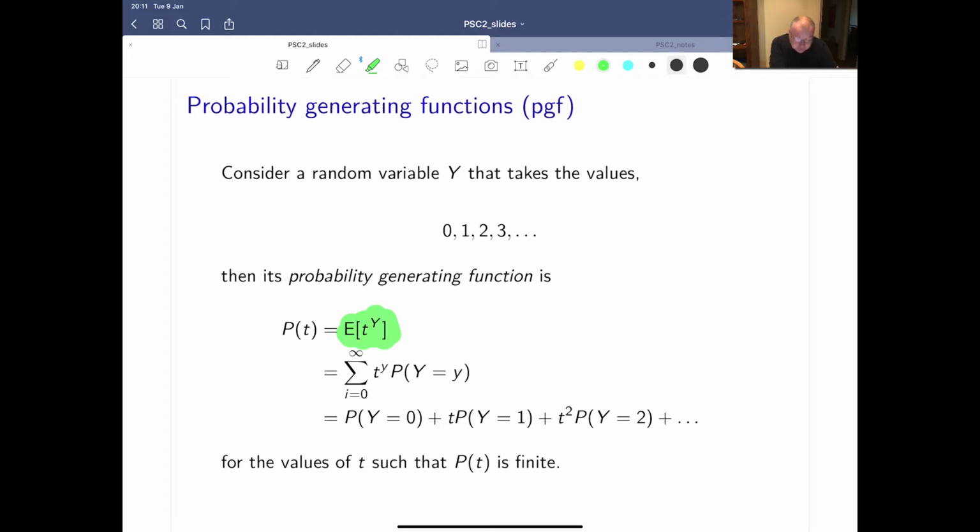It's like a power series: the summation as i goes from 0 to infinity of t to the y times the probability y equals y. You get 1 times the probability y equals 0, then t times the probability y equals 1, t squared, etc. And it's only defined for values of t such that this is finite.